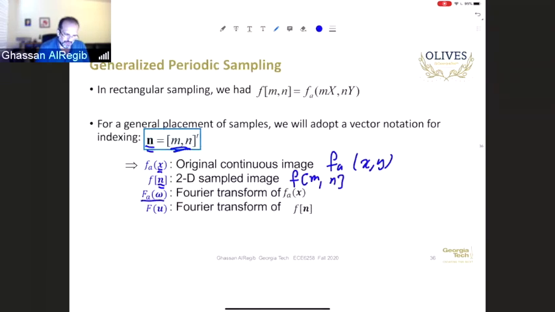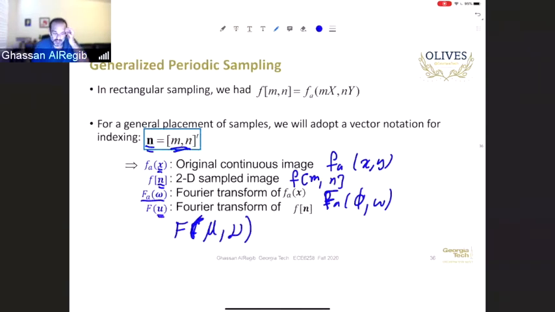F_a of boldface omega is the same as F_a of phi and omega. And F of boldface mu is the same as F of mu and mu. It is nothing but just to make things look a little bit neater, nothing more than that.